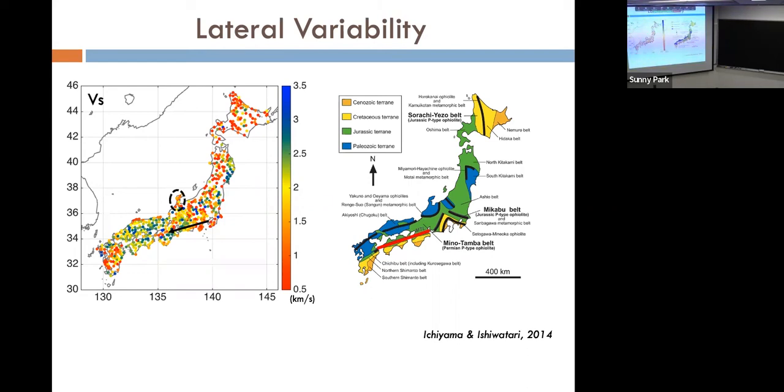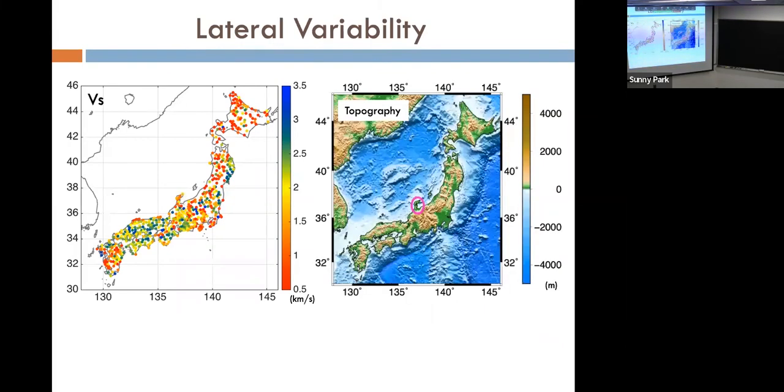We actually found that we have a much better correlation with the topography. The part I just pointed out was one of those prominent basins in Japan. There are several of them, and we see consistently low velocities in those regions. We usually expect higher velocity for a mountainous region, because if you think about it, in order to sustain a certain slope, we have to have rigid materials, and faster velocities are expected.